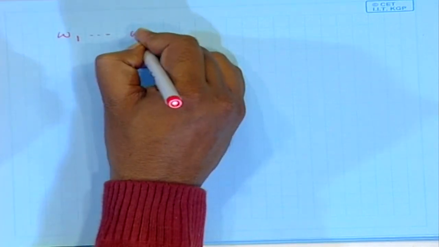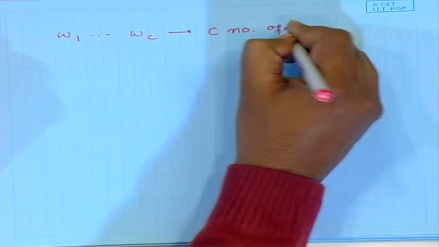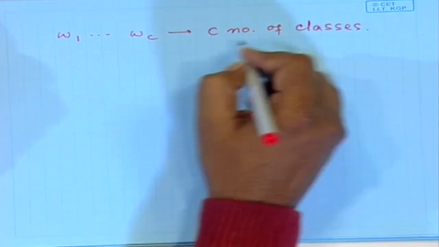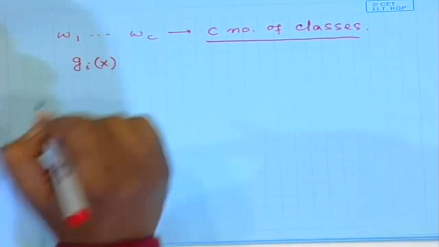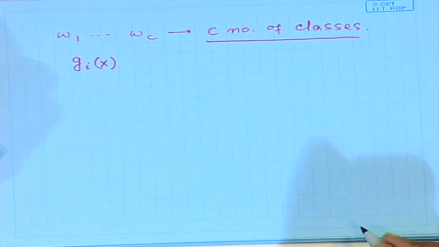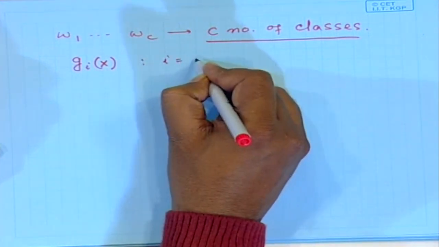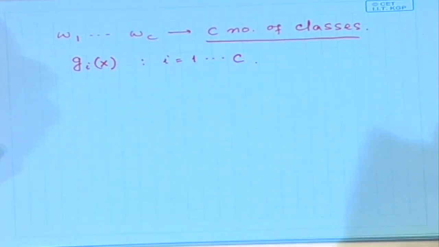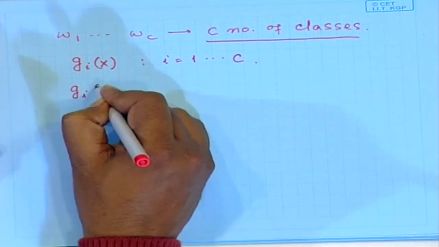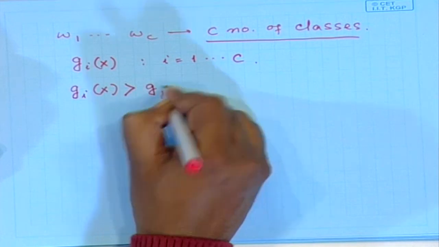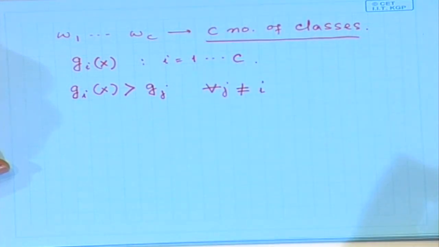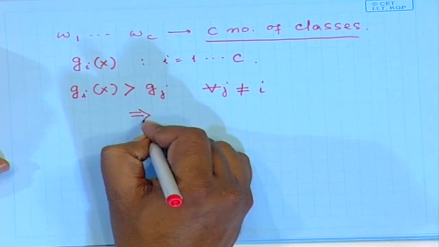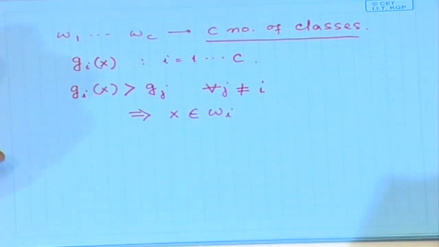When I have C classes, omega 1 to omega C, I will have C functional values of the discriminant function, g i of x for i varying from 1 to C. So, if I define the decision rule in general that g i of x is greater than g j of x for all j not equal to i, then I decide that this x belongs to class omega i.